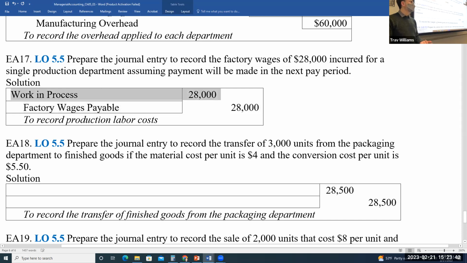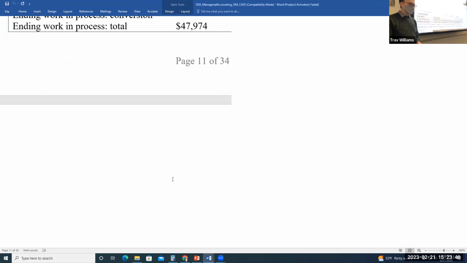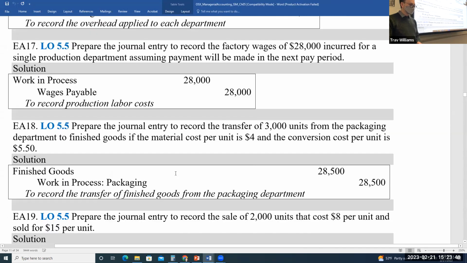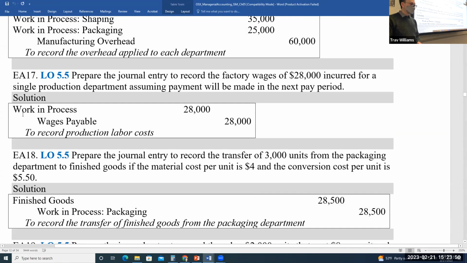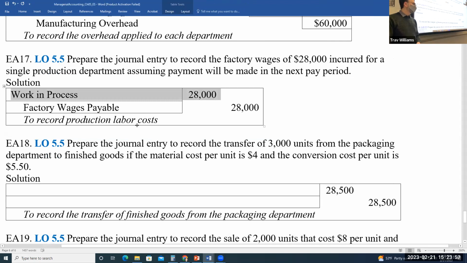It's for work in process. And again, I think it says wages payable. So clarify factory wages and then just record it as wages payable. Factory wages payable is a little more specific. Either one's fine. It's not going to mess you up on the exercise set.